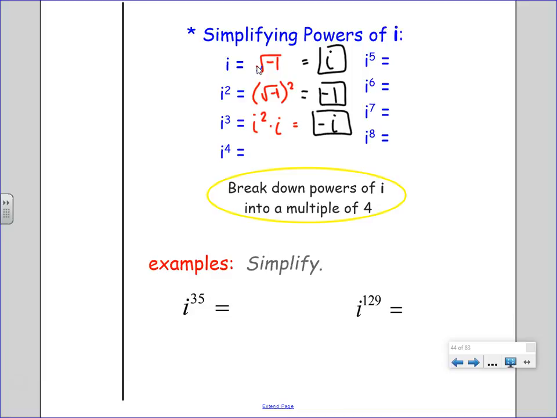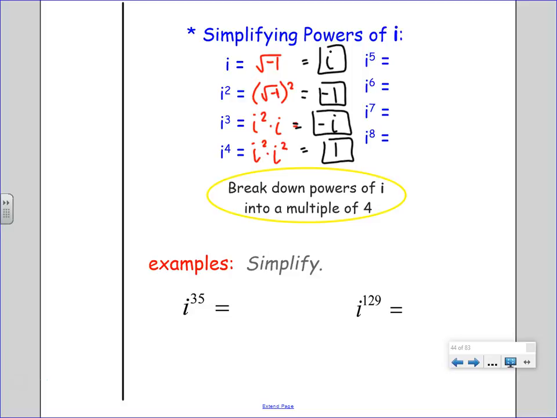So for i to the 4th, what can we do? i squared times i squared. Negative 1 times negative 1 is positive 1. i to the 5th.